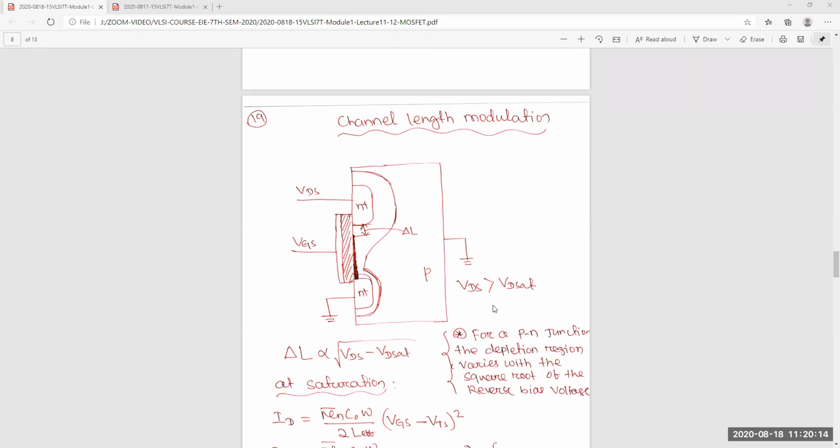So who can say what is base width modulation of a BJT?